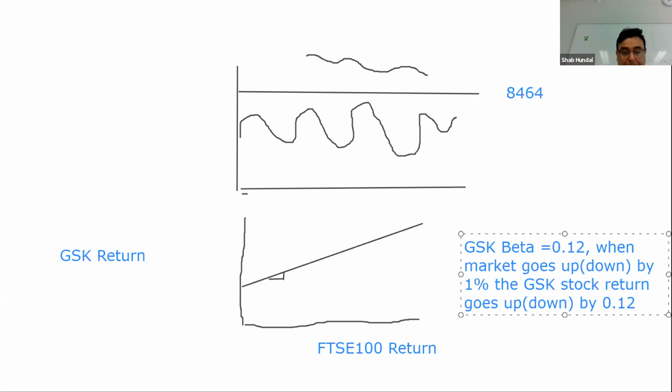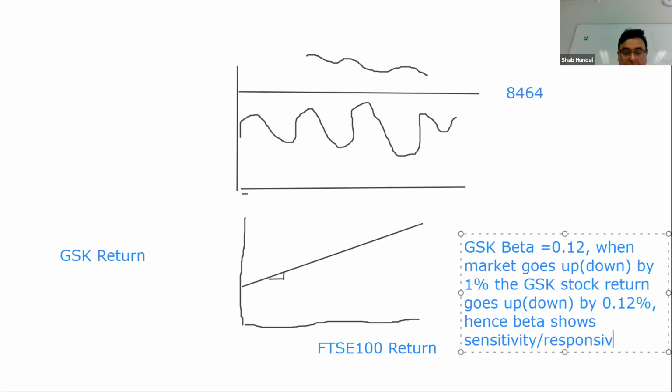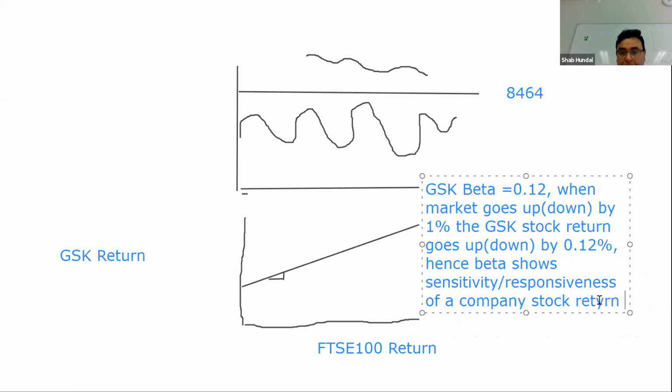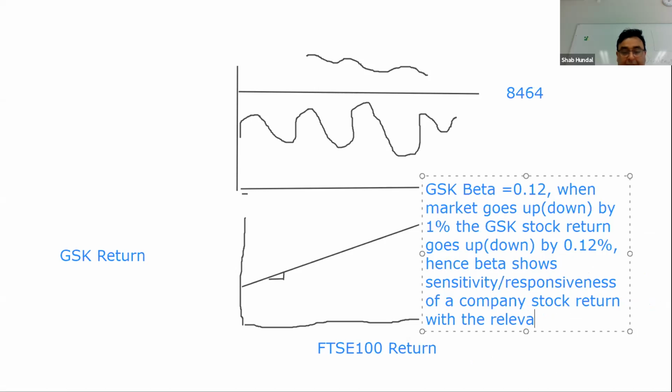Hence, beta shows the sensitivity or responsiveness of a company's stock return with the relevant index return.